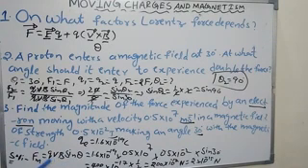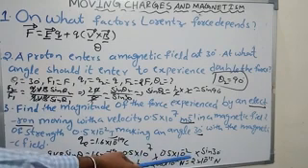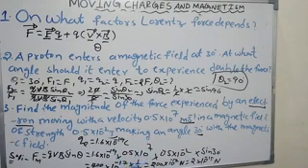Q is what? Here the magnitude of charge of electron, that is 1.6 into 10 power minus 19, and magnitude of velocity is what? 0.5 into 10 power 7. And magnetic field is how much here? 0.5 into 10 power minus 2, and sin 30, right? So 16 5s are 80, 80 5s are 400, and the powers combine to 10 power minus 17, into sin 30 value 1 by 2.